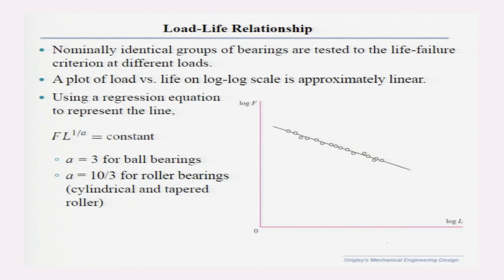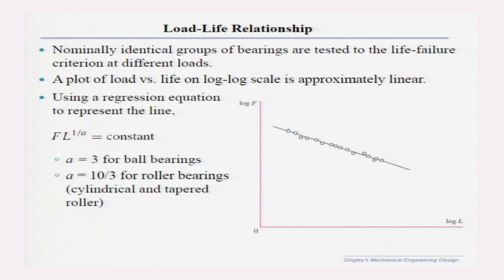Now the next thing that we are going to study is the relationship between load and life. The nominally identical groups of bearings are tested to the life failure criteria at different loads. A plot of load and life on log-log scale is approximately linear.